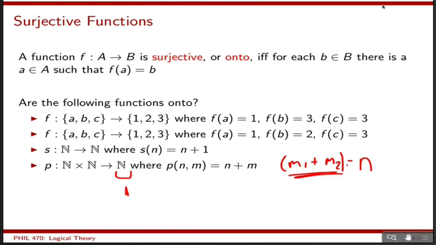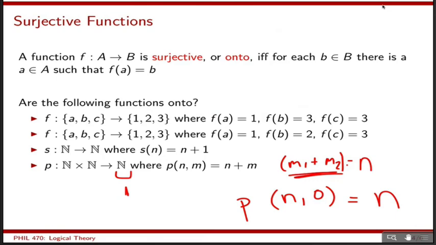Well, a moment's reflection, hopefully it's coming to you now. Remember, n includes 0, so I could just take the pair n comma 0.